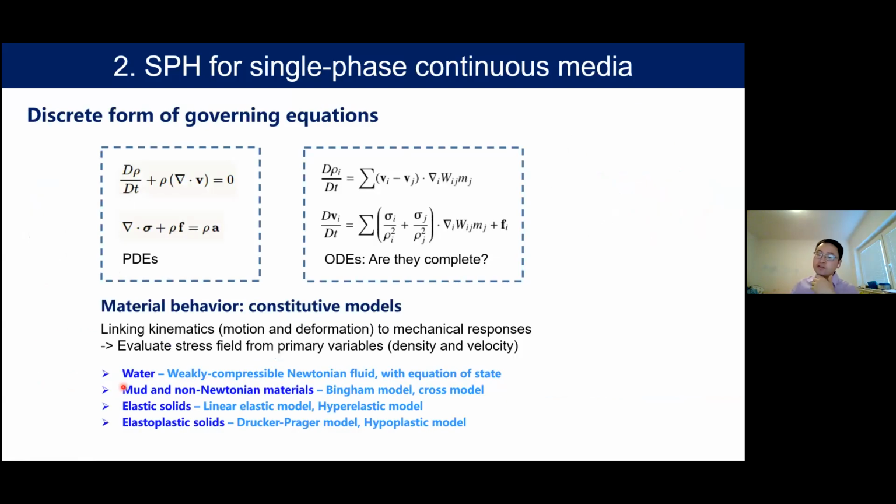And with the approximation of the partial derivatives of the field functions, we can transfer these partial differential equations into ordinary differential equations. So here we approximate this partial derivative using SPH approximation.